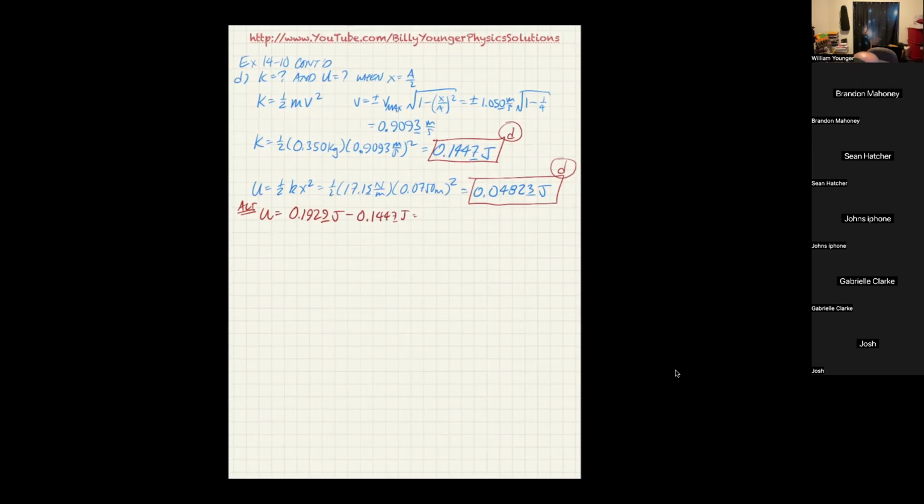So 0.1929 minus 0.1447, and that gives me 0.0482 joules. So that's a check that we've confirmed. In fact, it is the same whichever way we did it. Of course, that only brings us to 0 at the last real decimal place. Remember, the 3 was a non-significant digit. So, any questions on that one?